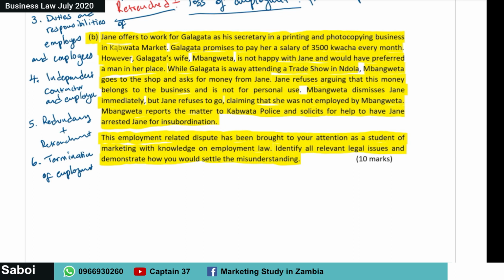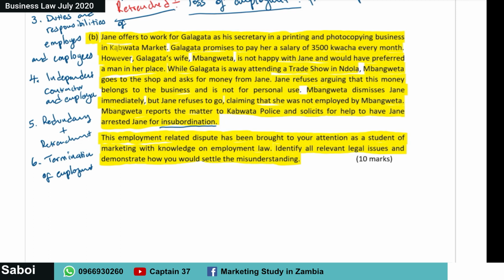You are not the one who employed me. It is your husband. Mbangweta gets upset. She goes to the police and reports Jen for insubordination. Insubordination is disrespect or disregard of instructions by someone who is senior to you in an organization.